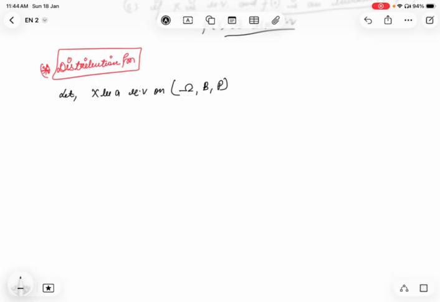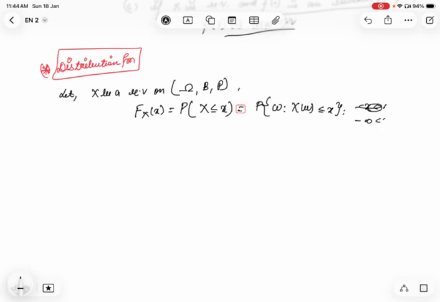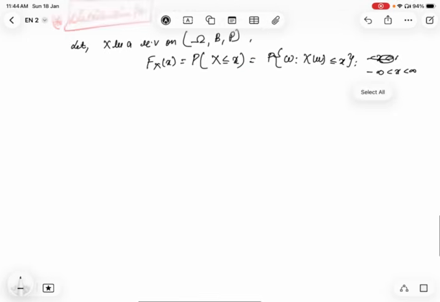This is the probability space, because Ω is the sample space, F is the sigma field, and P is the probability measure. If X is a random variable, then the distribution function is defined as F(x) = P(X ≤ x), that is equal to P({ω : X(ω) ≤ x}), where x ranges from minus infinity to infinity. So this is the distribution function.